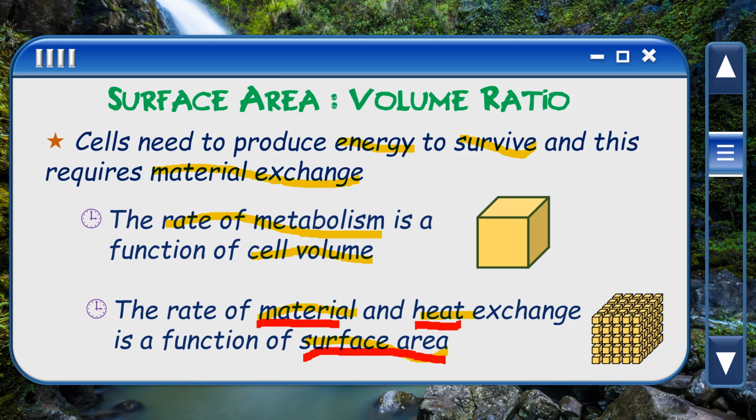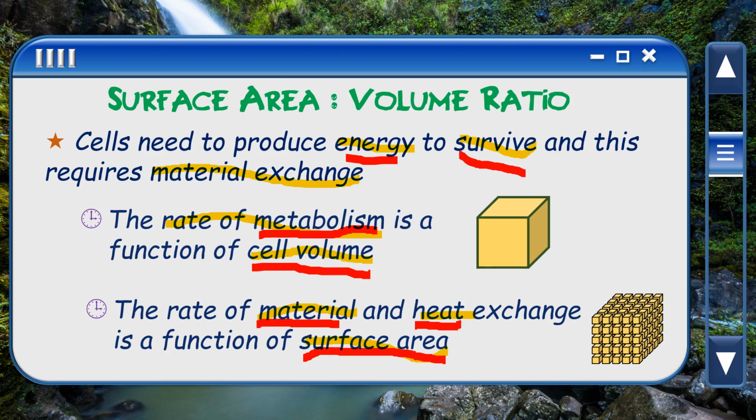But earlier we have said that the rate of metabolism, the rate at which metabolism is taking place, is going to depend on the volume of the cell. Remember at the beginning we said the cell needs energy in order for it to survive.